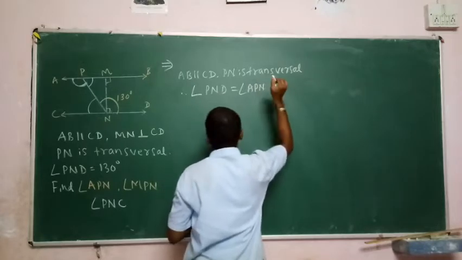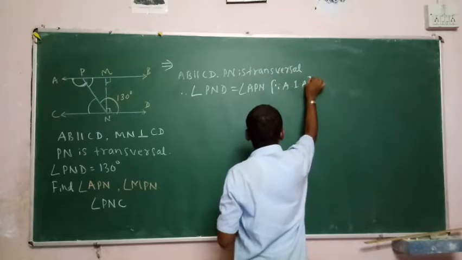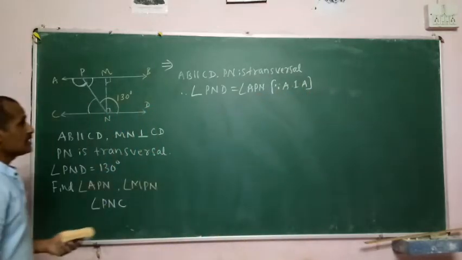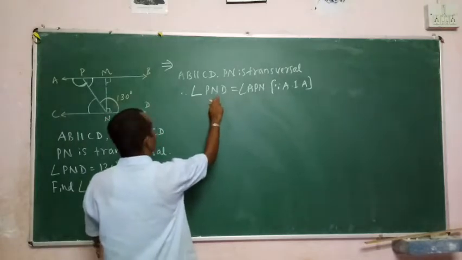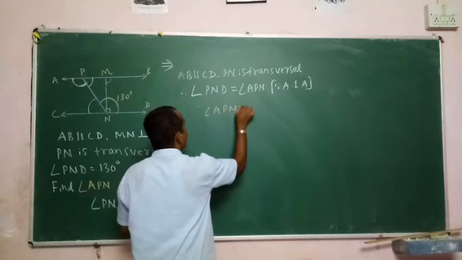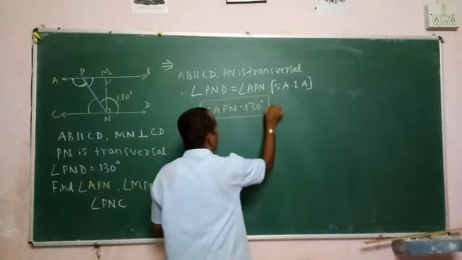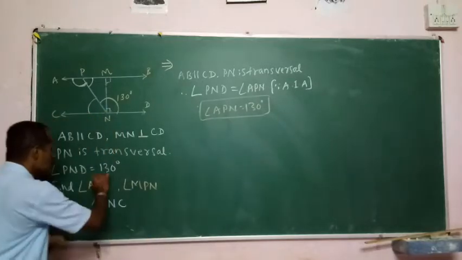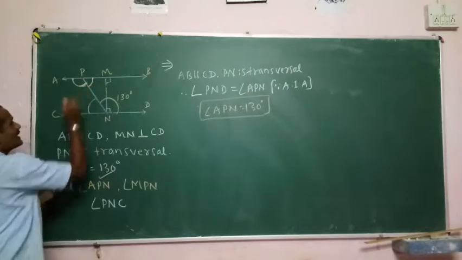This is because of alternate interior angles. So which angle is known? PND is known, 130. Therefore I can say angle APN is also equal to 130 because alternate angles are equal to each other. This is how I can find this angle very easily.